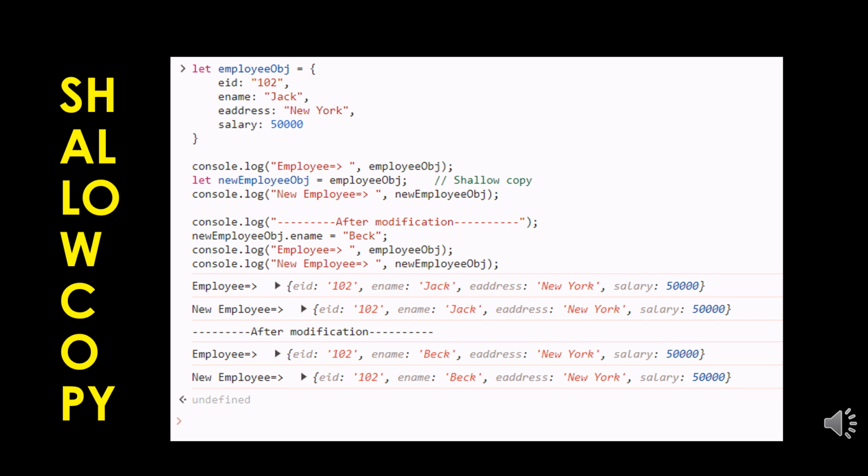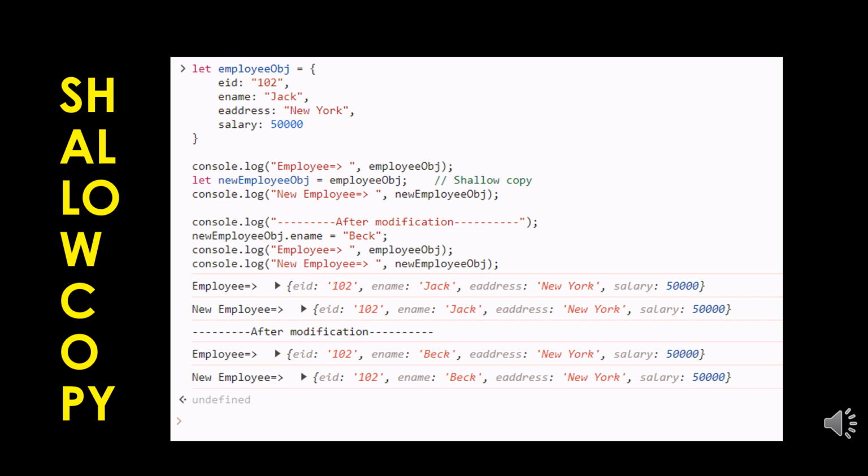So let new employee object be equal to employee object. The structure will be copied to the new employee object, so it will have the same reference. The memory location will be shared. The same location where the employee object is stored, the new employee object is also pointed to now.